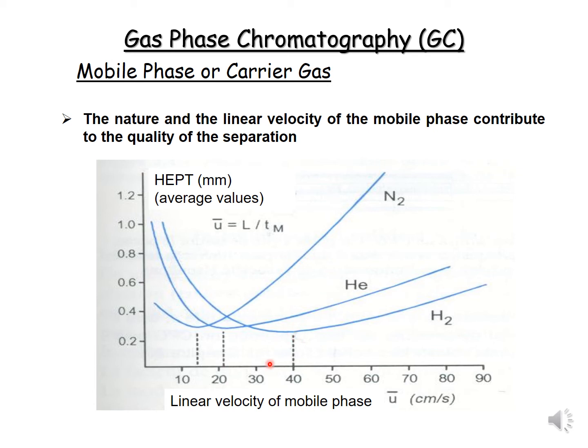So we can work with 40 centimeters per second with hydrogen, and only around 15 centimeters per second for nitrogen. And then, of course, in terms of optimization, it is much better to work with hydrogen in that case.